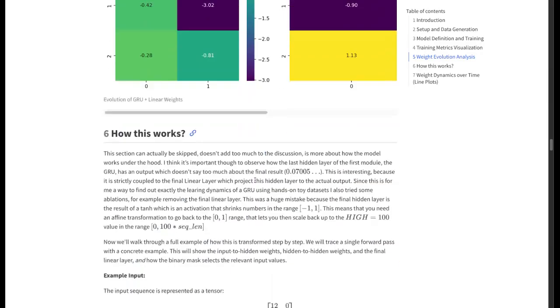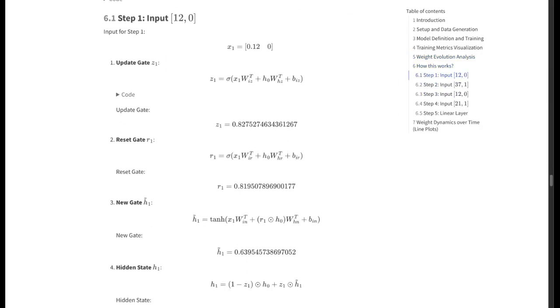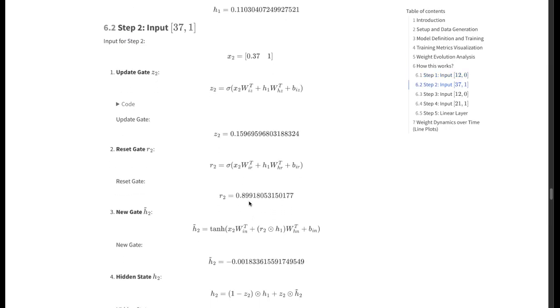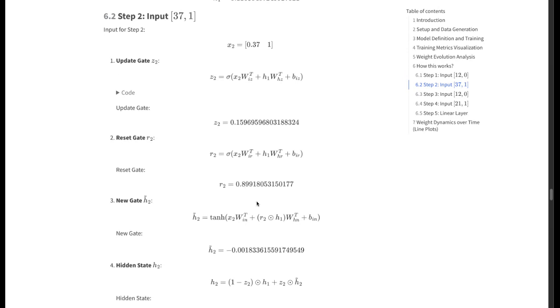And for example, let's see one example. R1, for example, in my case was 0.81. So this meant you should forget 0.2, so you should keep 0.8 of the old value. In this second example, it said you should remember 0.89 of the previous value.